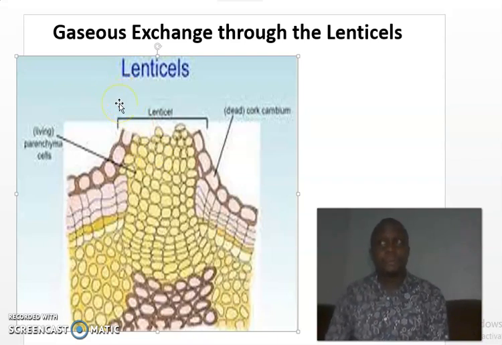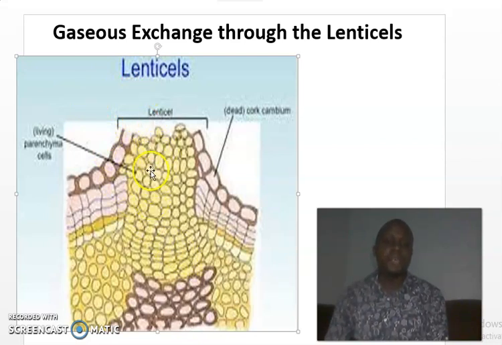During the day, when the plant undertakes the process of photosynthesis, it requires a lot of carbon dioxide. So, the amount of carbon dioxide in the atmosphere outside is more highly concentrated than inside the plant. Therefore, carbon dioxide diffuses into the plant through the lenticels.